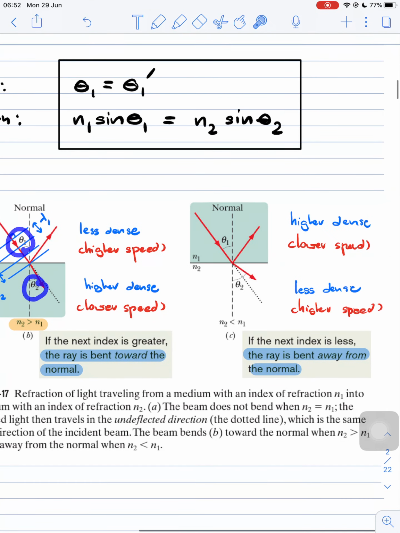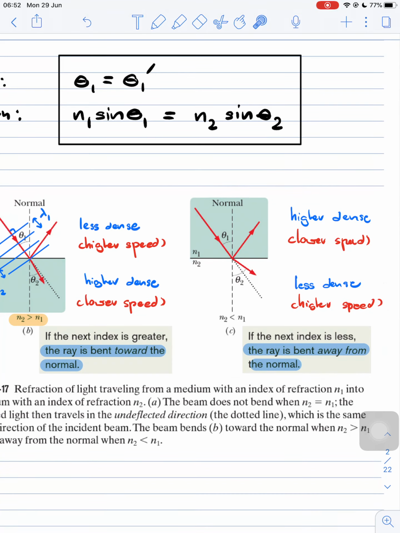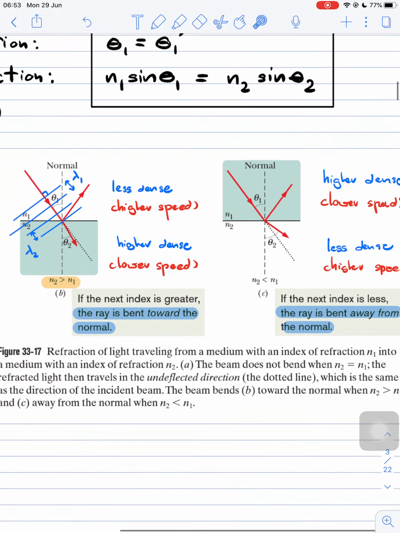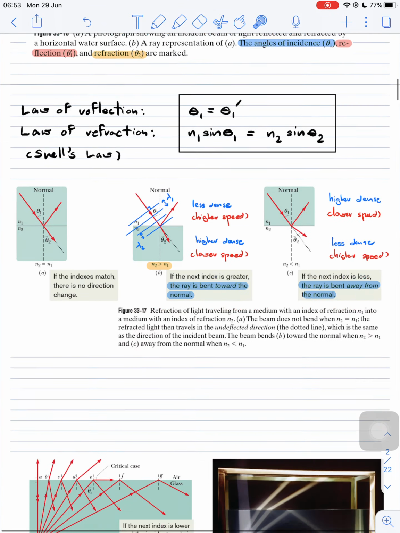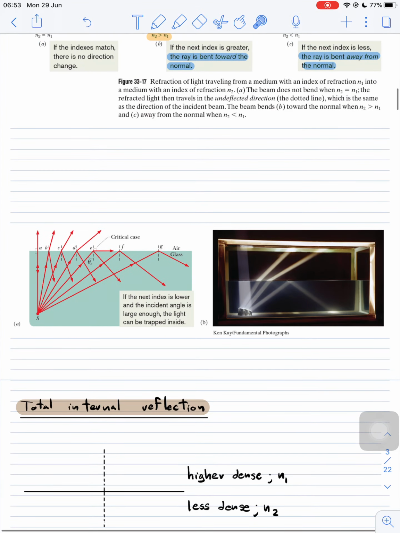But on the other hand, if n1 is larger than n2, then theta 1 should be less than theta 2. That's why in this picture you can see that theta 1 is less than theta 2 here.